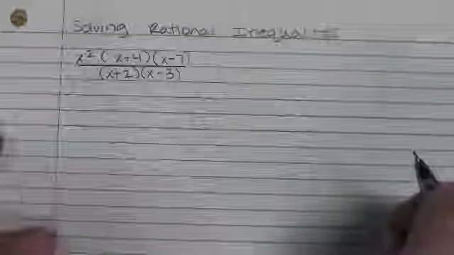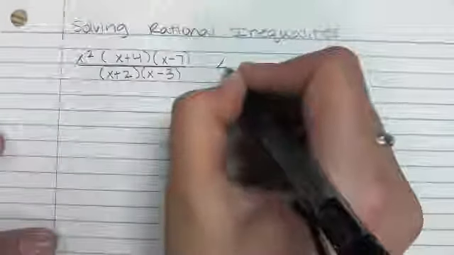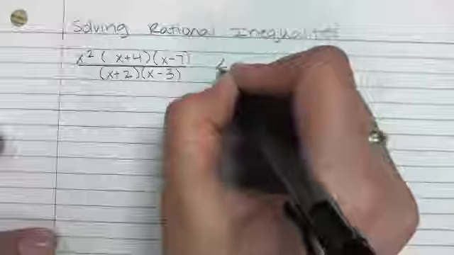And the first one that we're going to do is x squared times x plus 4 times x minus 7, divided by x plus 2 times x minus 3. And we want to find out what the x can be that would make it so this is less than or equal to 0.